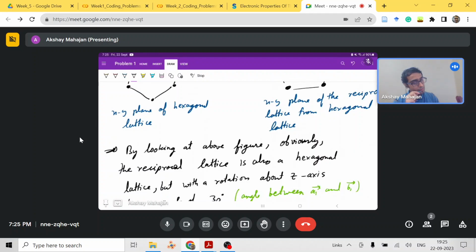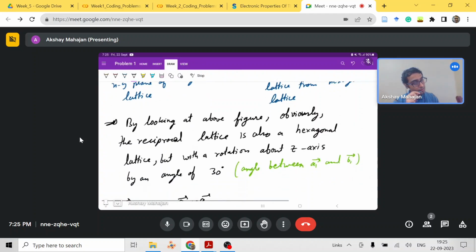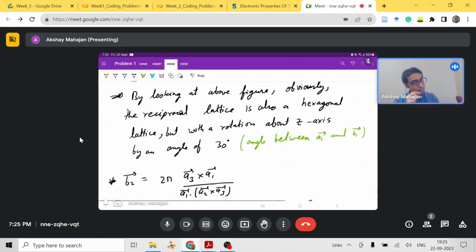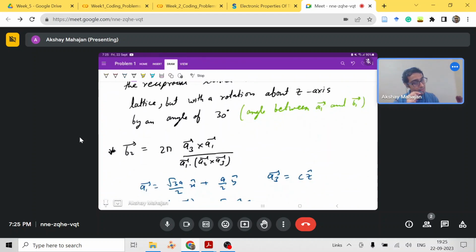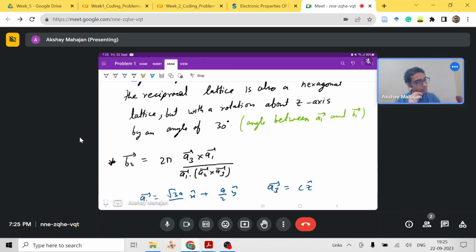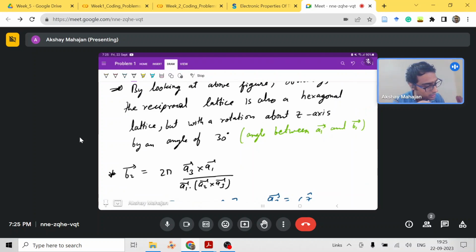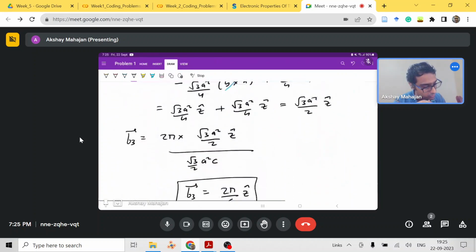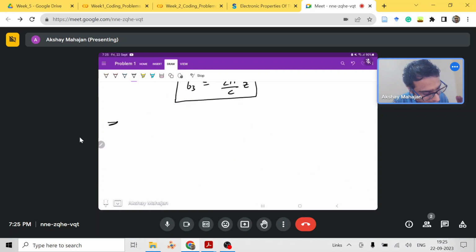By looking at the above figure, obviously the reciprocal lattice is also a hexagonal lattice, but with a rotation about the z axis by an angle of 30 degrees, which I have said will be the angle between a1 vector and b1 vector. So how do you find the angle between a1 vector and b1 vector?